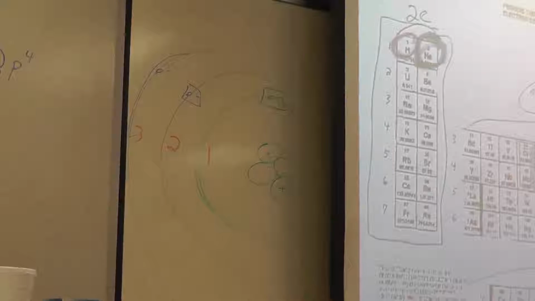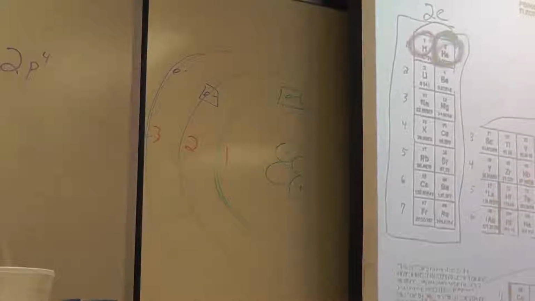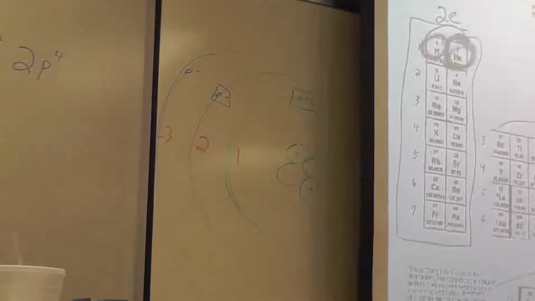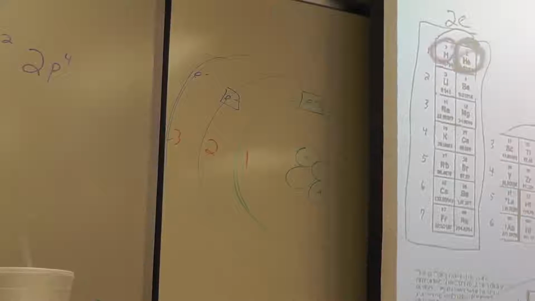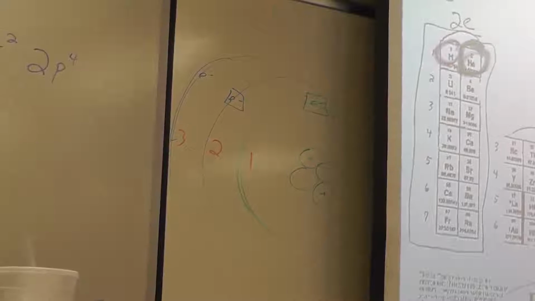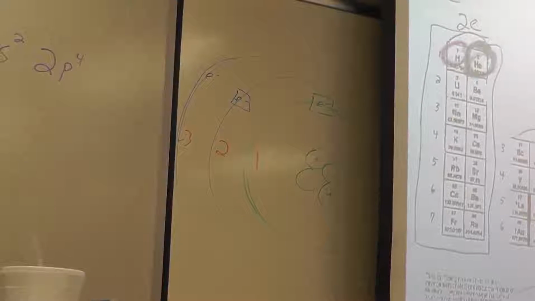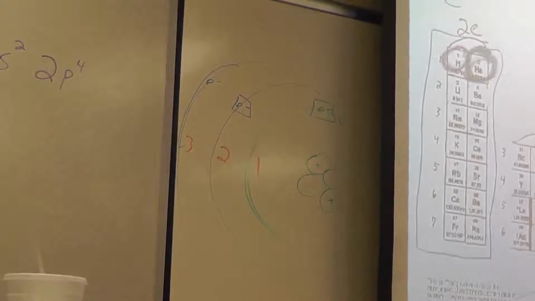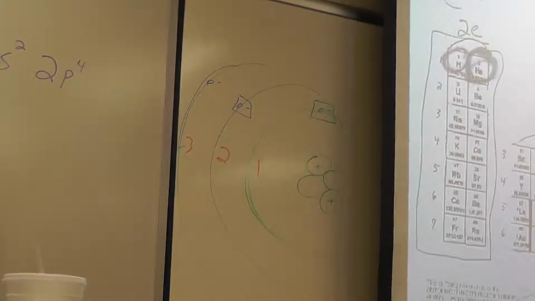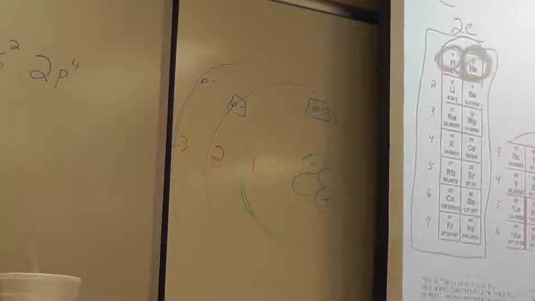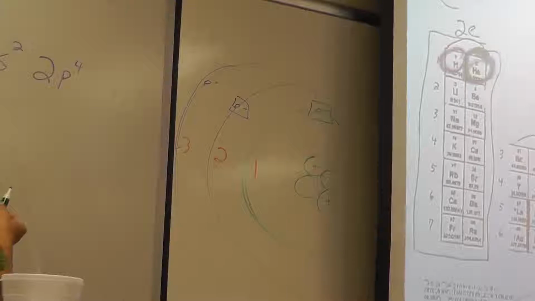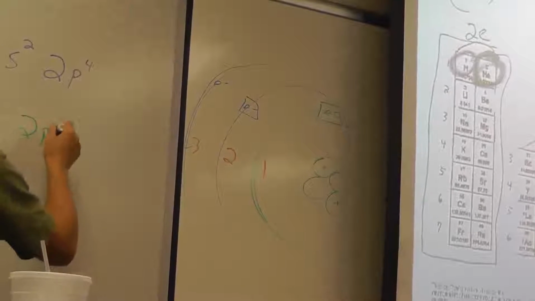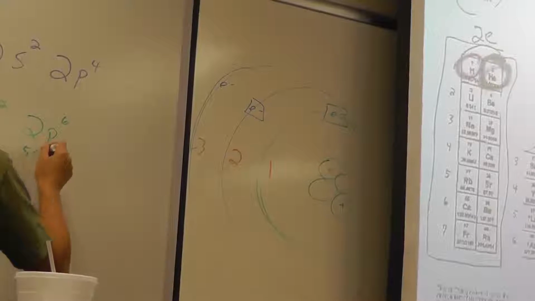Yes? No? Yes? Okay. Potassium, there's 19 electrons. The first 2 electrons are in the 1s. The 3rd and 4th are in the 2s. The 5th, 6th, 7th, 8th, 9th, and 10th, where are they? 2p. 5 through 10.